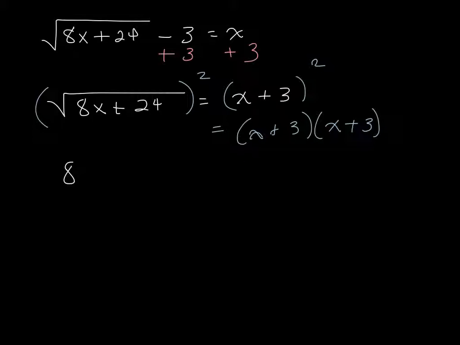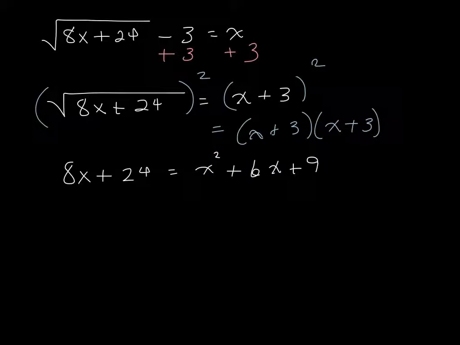On your left side, since your square has canceled your square root, you're just left with 8x plus 24. On your right side, after you distribute and collect like terms, you'll have x squared plus 6x plus 9.